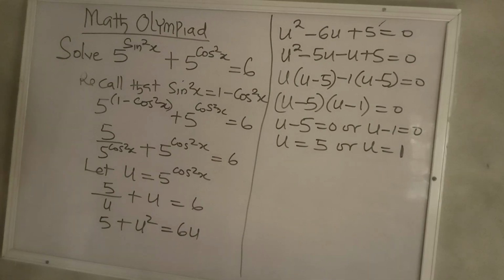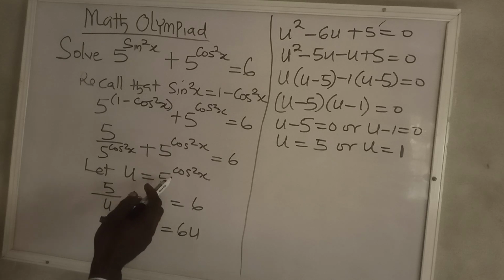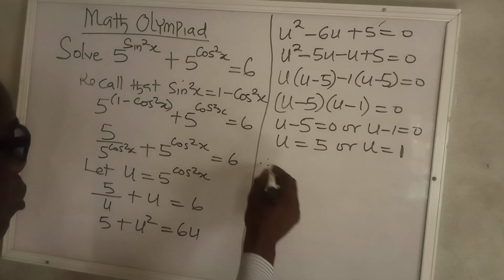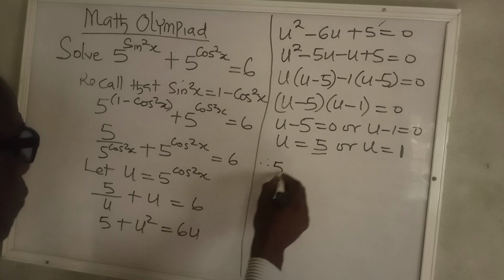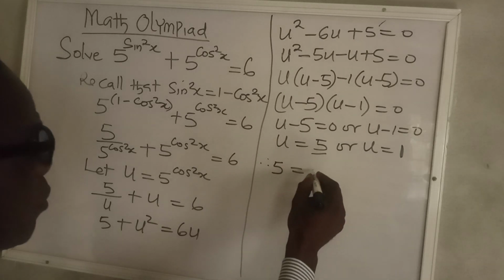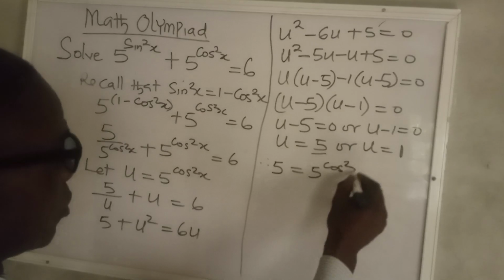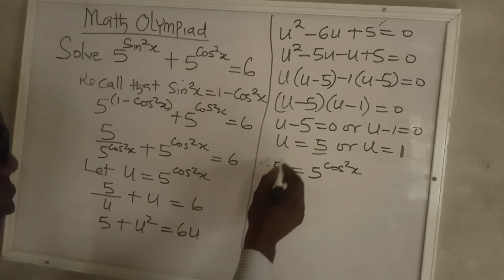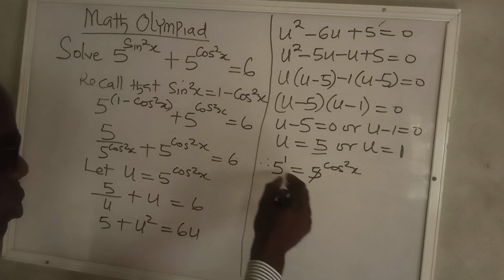Recall that we let u equal to 5 raised to power cos squared x. So when we use 5 here, 5 will be 5 to the power cos squared x, and this 5 can also be written as 5 raised to power 1. They are the same, such that we will cancel this out.